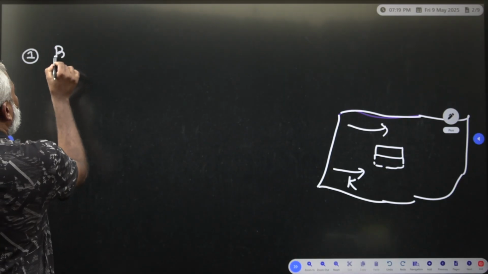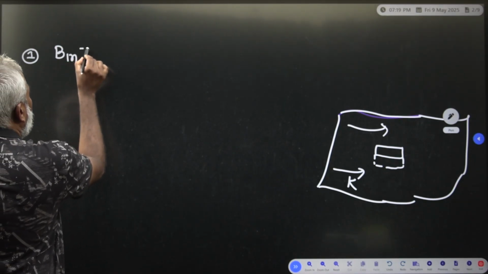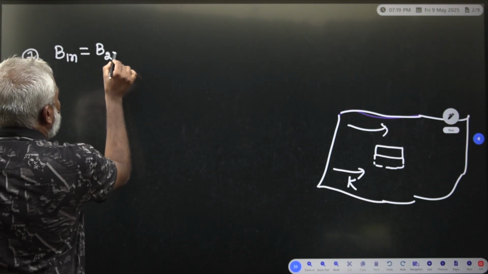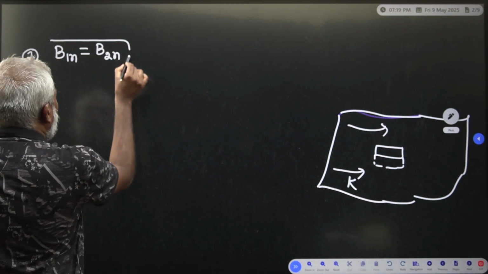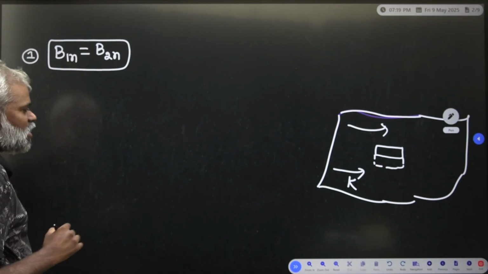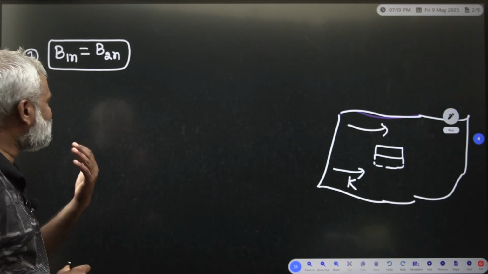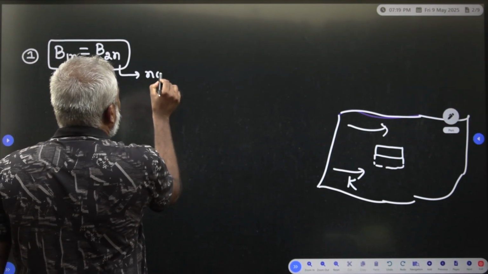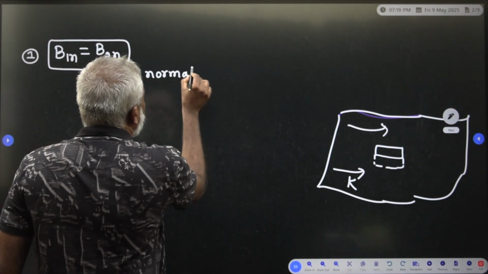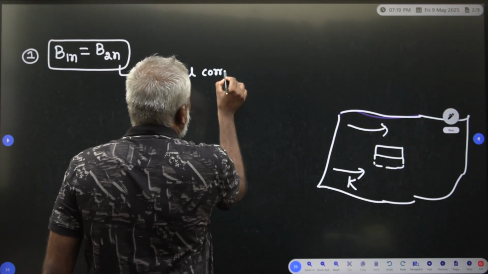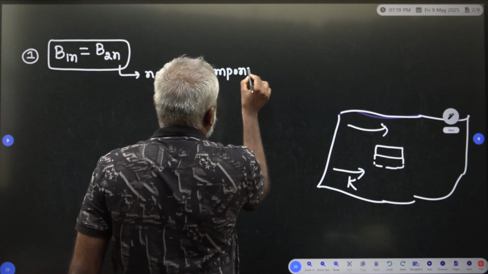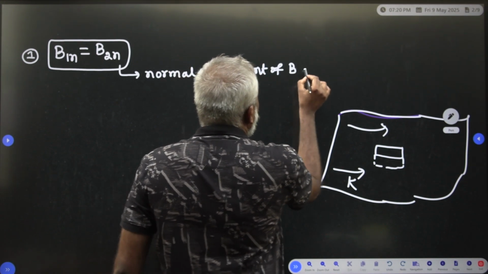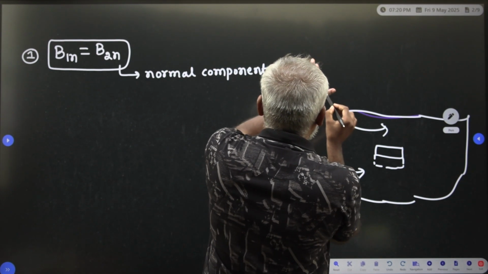The normal component of the magnetic field at the boundary is continuous.